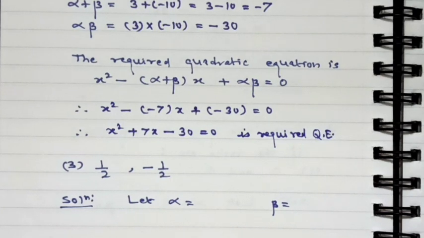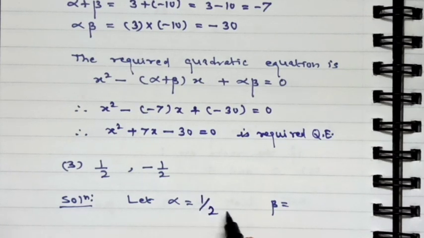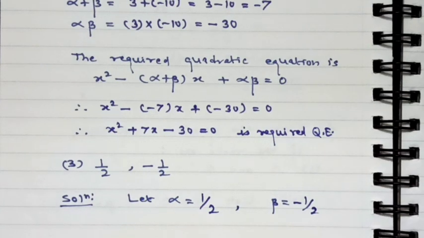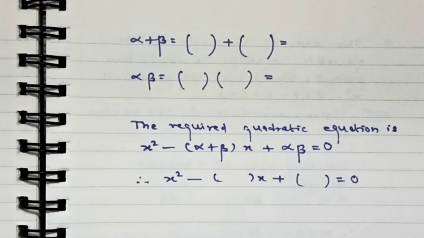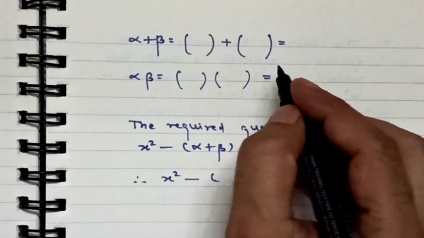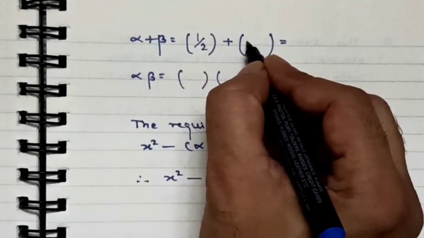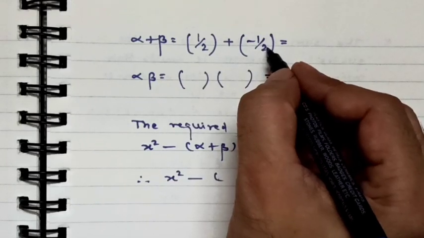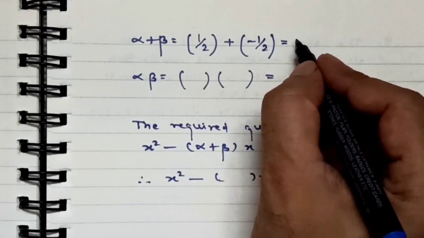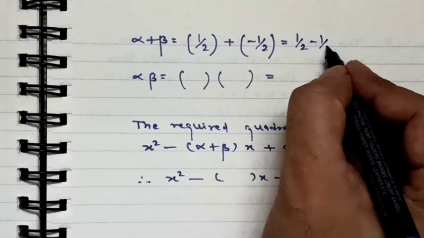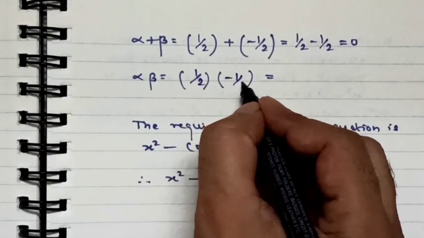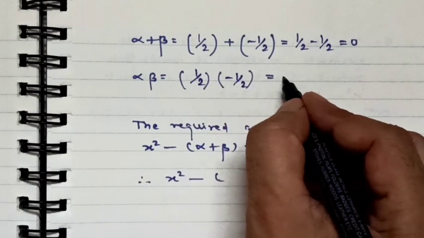Third question, 1 upon 2 and minus 1 upon 2. Assume alpha is equal to 1 upon 2 whereas beta is equal to minus 1 upon 2. These two things are given to you. Find out alpha plus beta. 1 upon 2 plus minus 1 upon 2. These two are the conjugates, so your answer will be 0, or 1 upon 2 minus 1 upon 2, that gives you 0. Then 1 upon 2 and minus 1 upon 2, when you multiply you will get minus 1 upon 4.